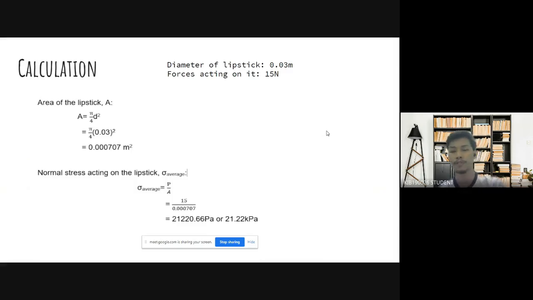For the first step, we need to find the area of the lipstick with the area formula. So we got the area of the lipstick. After that, we use the normal stress formula P over A to find the average stress. So we get 21.22 kilopascal for the normal stress acting on the lipstick.